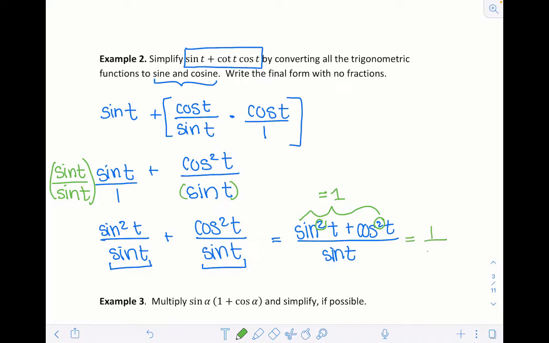So this is 1 over sine of t. So it's definitely more simplified than what we originally started with. We are asked in this example to write it with no fractions, and so that's just one more step here because I can use the reciprocal identity. So 1 over sine of t is the same thing as cosecant of t.